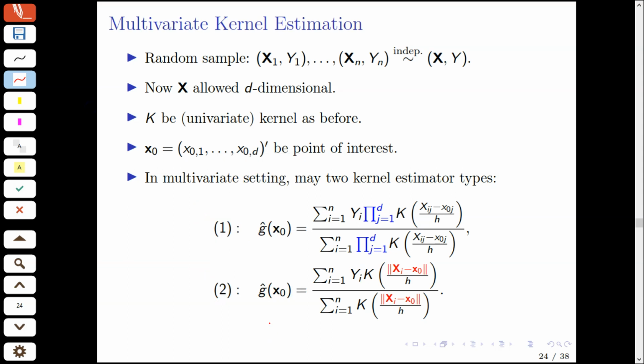One states that we'll simply calculate the weights to be used by applying the kernel function coordinate by coordinate, and then constructing our total weight at observation i as the product of the coordinate weights. This is often referred to as using a product kernel.